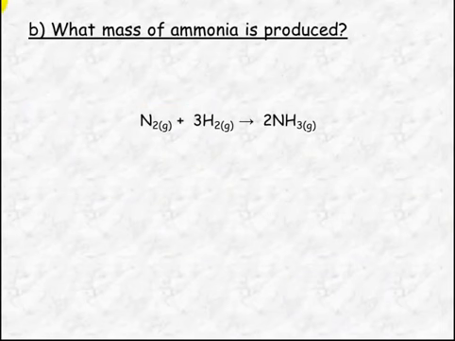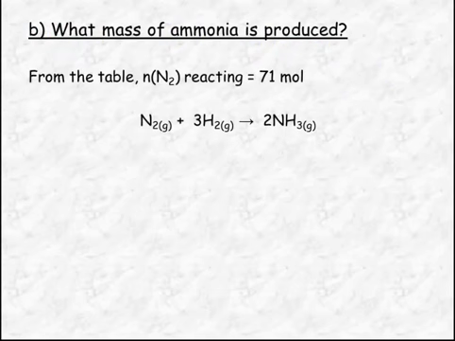The second part of the question is asking you what mass of ammonia is produced. So from the table, we know that the number of moles of nitrogen reacting was 71 moles, and that's our limiting reagent. We need to use the limiting reagent when we're working out the product.